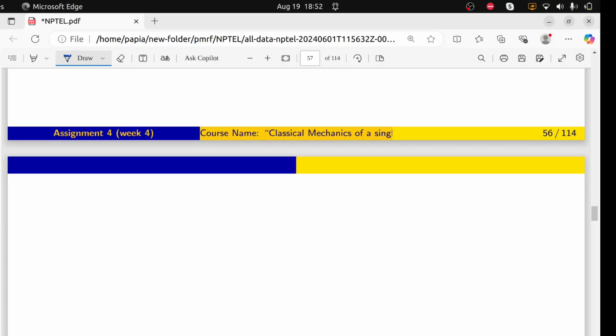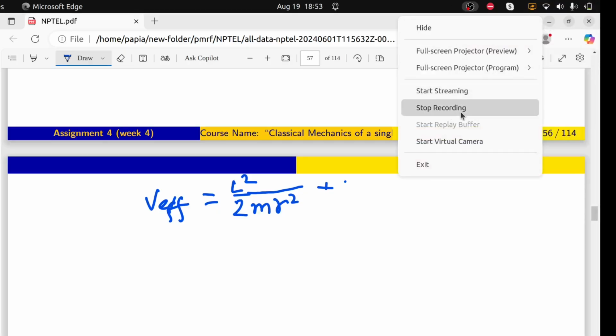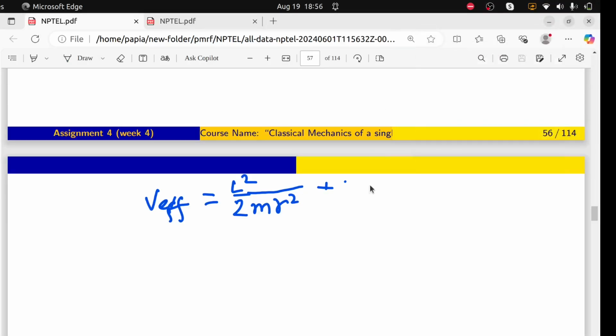V effective equals L square by 2m r square plus V of r, right?